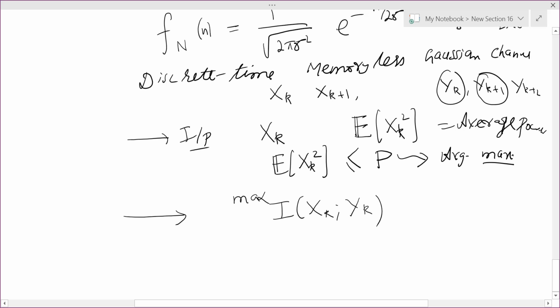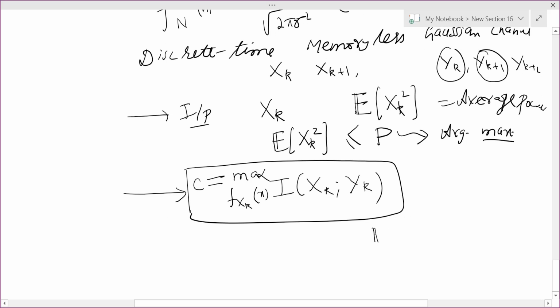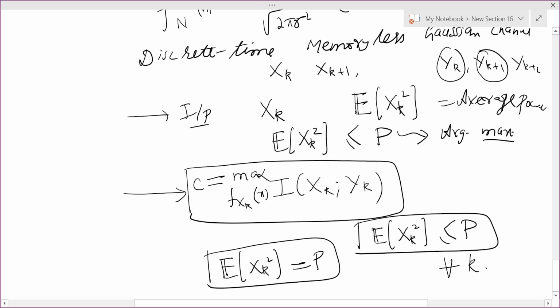The input distribution, f of xk of x. This will be called the channel capacity of this Gaussian channel, with the constraint that the input power cannot exceed P. In fact, the best you can do is take it equal to P for all samples.